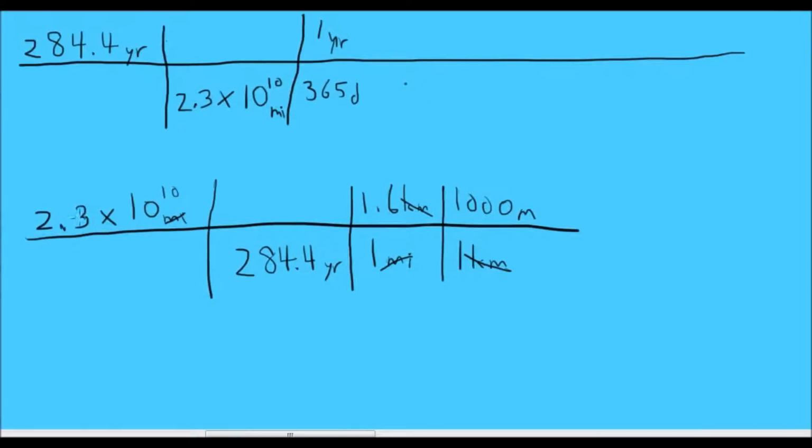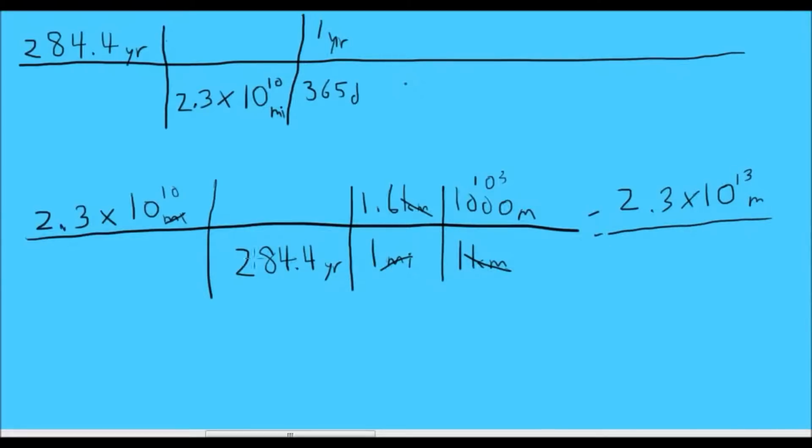So now what we've got left is 2.3 times 10 to the power of 10 times 1,000. Now remember, 1,000 is the same as 10 to the power of 3. So if we multiply these, we're going to have 2.3 times 10 to the power of 10 times 10 to the power of 3, and at the end here, we're going to end up with 2.3 times 10 to the power of 13 meters.